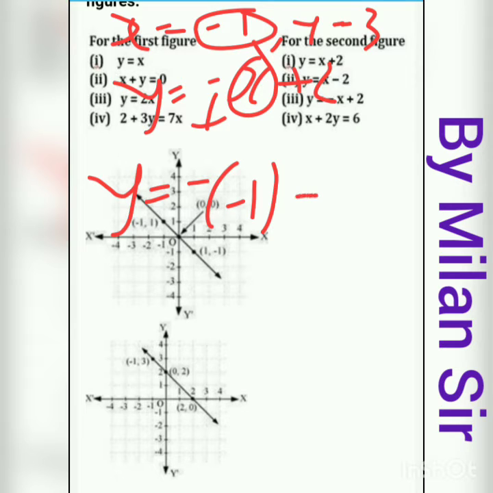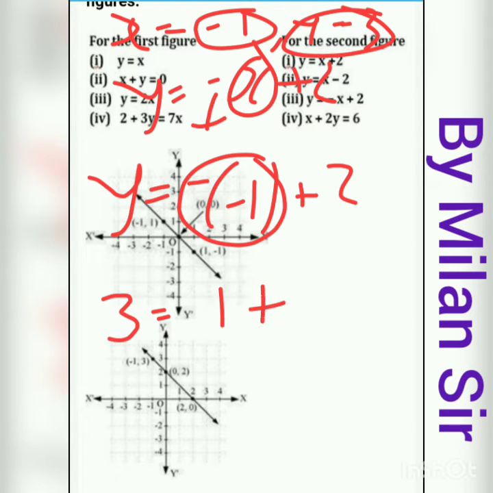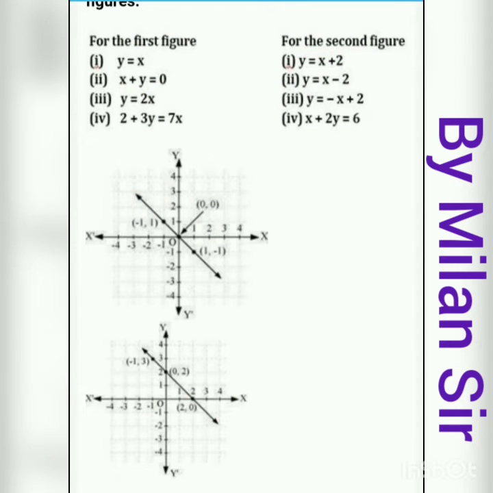Okay, plus 2. So here plus 2. Now put the value of x and y. Now y is 3, right? So here 3 minus minus plus 1 plus 2. So 3 is equal to 3. So this is our final answer, right? Because now we have only one option, so that is our final answer.